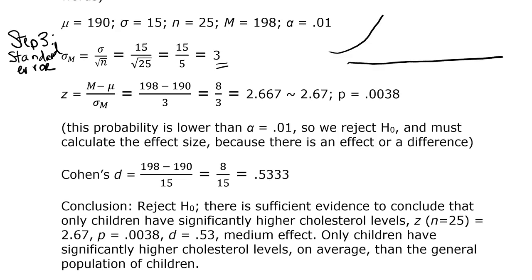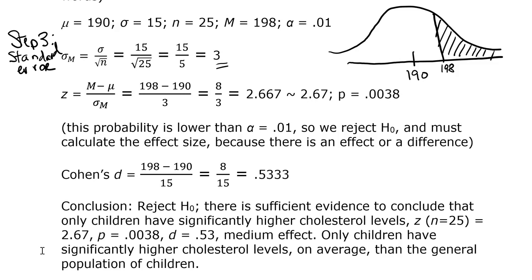Let's draw this out. Here is mu, which is 190. Here is 198. And we're looking for scores higher. What's the probability that an only child would score more than 198, or would have a cholesterol level that's higher than 198?